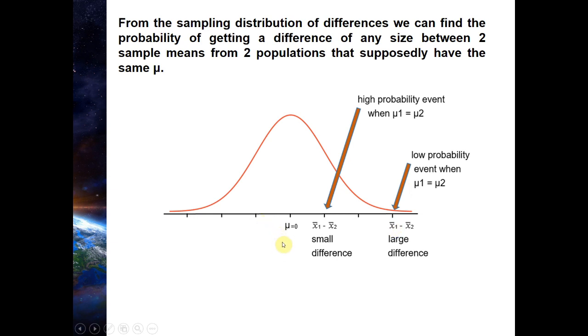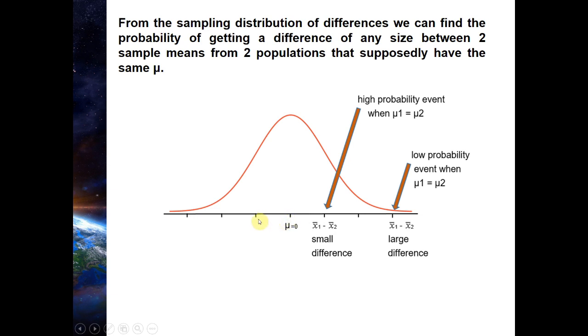Now, again, if mu1 equals mu2, if the population of men is identical to the population of women, that means that when we subtract x bar 1 minus x bar 2, we should get a very small difference, if in fact the two populations are the same.